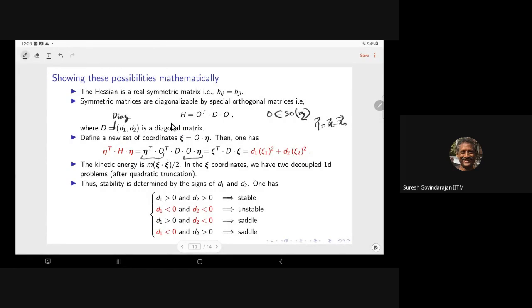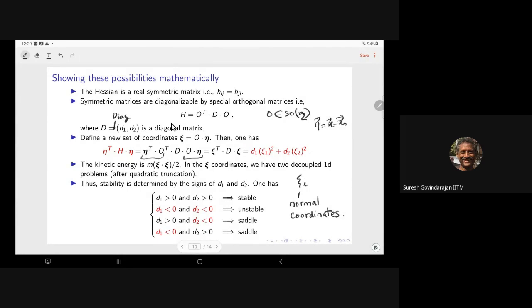Okay, so these xi's are nice variables. Then in terms of that, we'll get d1 xi1 square plus d2 xi2 square. So it sort of separates out. These xi's have a name. We'll call them normal coordinates. Okay, and the key point here is they depend on the point x0.